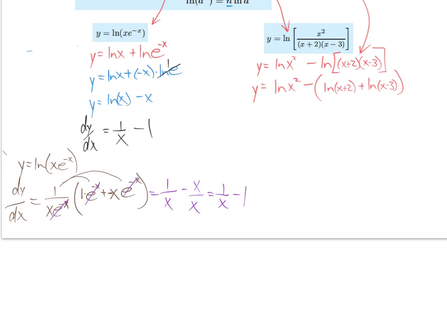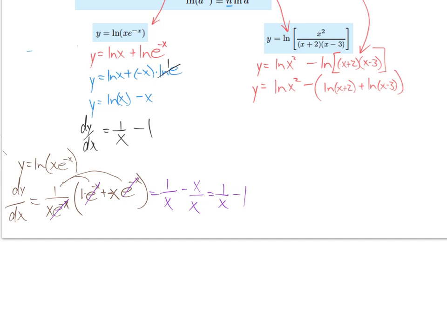I'm not going to bother doing the one on the right, because you can imagine what we've got with that. We've got the chain rule, and inside the chain rule we've got the quotient rule, and inside the quotient rule with that denominator we've got the product rule. Okay? And that all is a real pain. It's going to take a lot of work to get all that worked out.